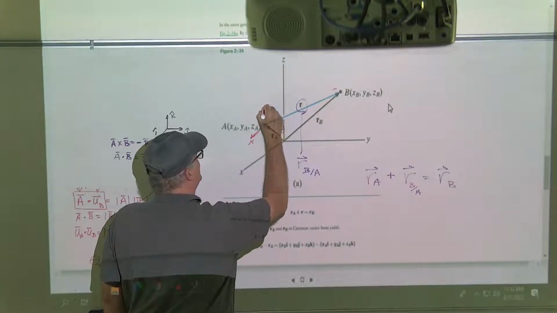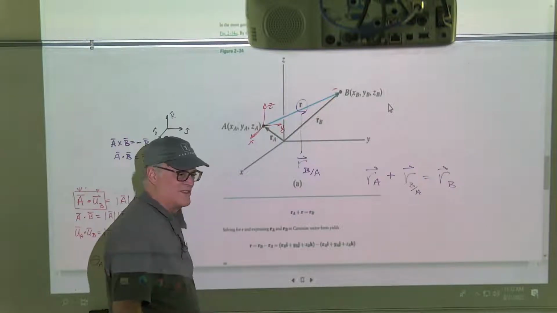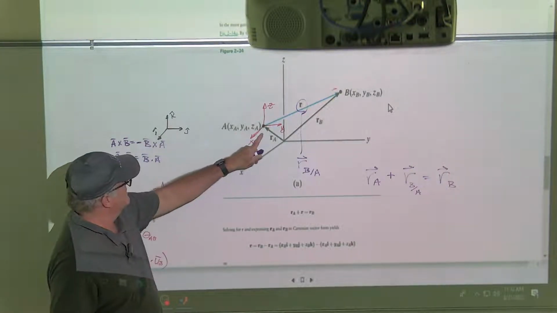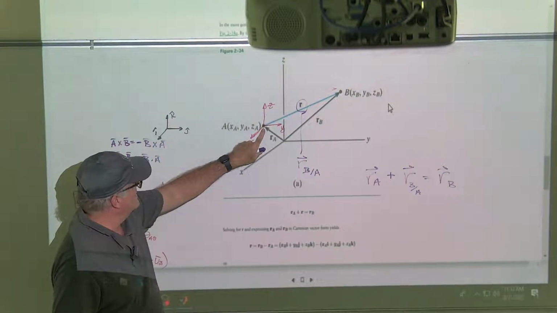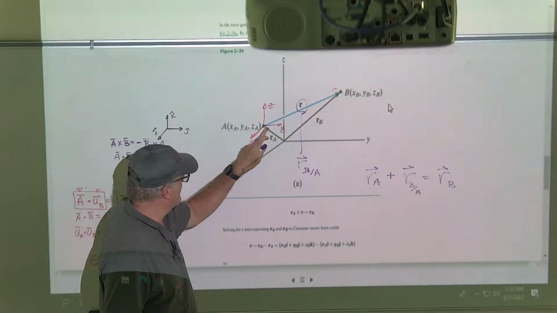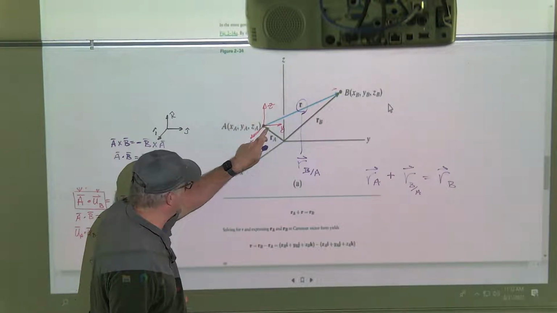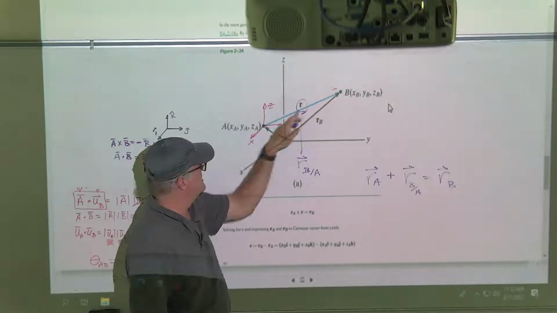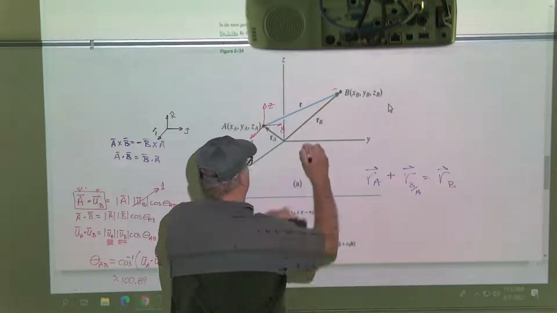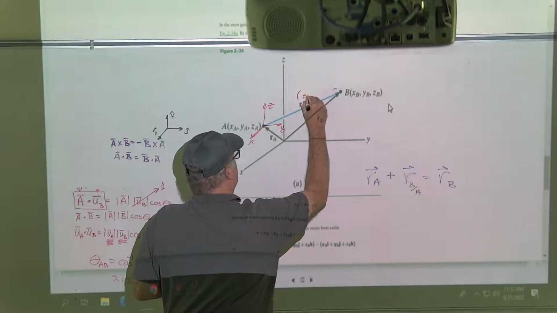We all observe the world from our own coordinate system. So the person sitting here at A sees B. This is the vector they see. This is the selfish coordinate system, the R, B to A.